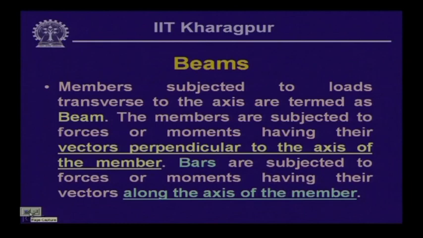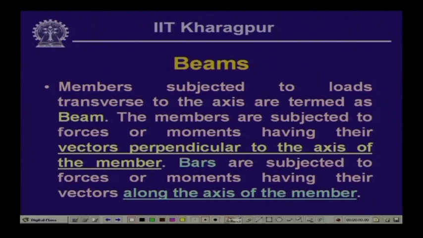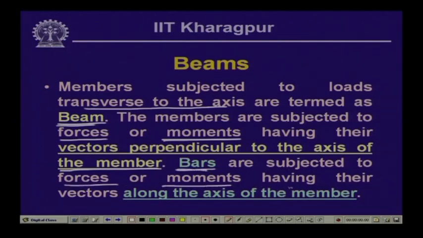So, members subjected to loads transverse to the axis are termed beams, and these members are subjected to forces or moments having their vectors perpendicular to the axis of the member. And this is what is different from bars. Bars are subjected to forces or moments having their vectors along the axis of the member.